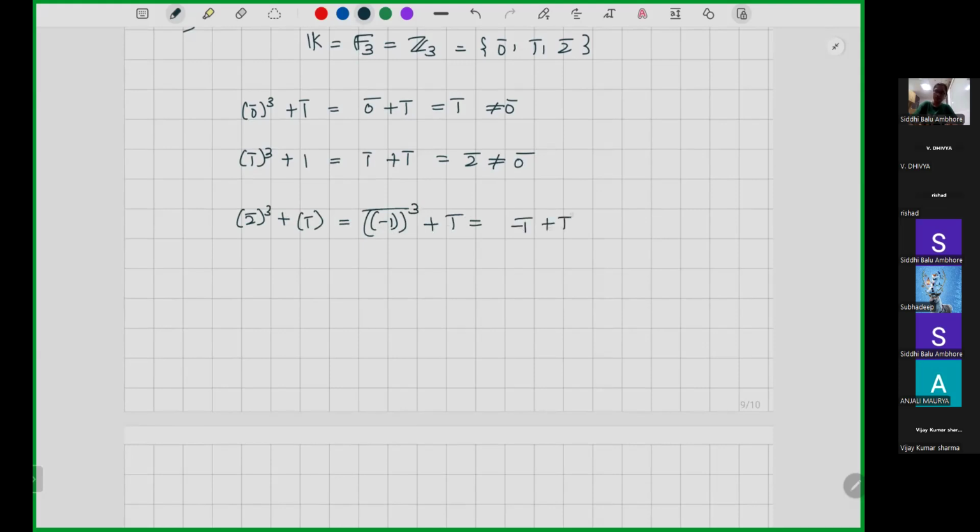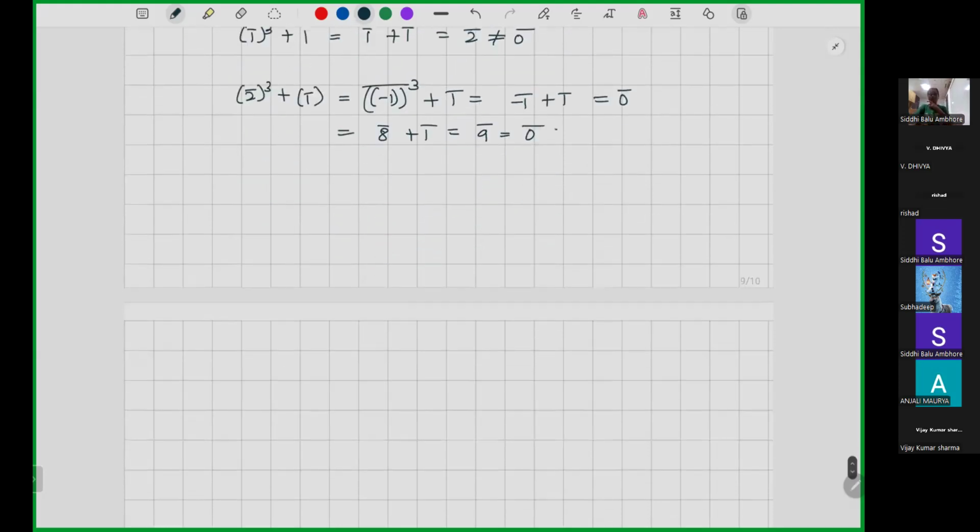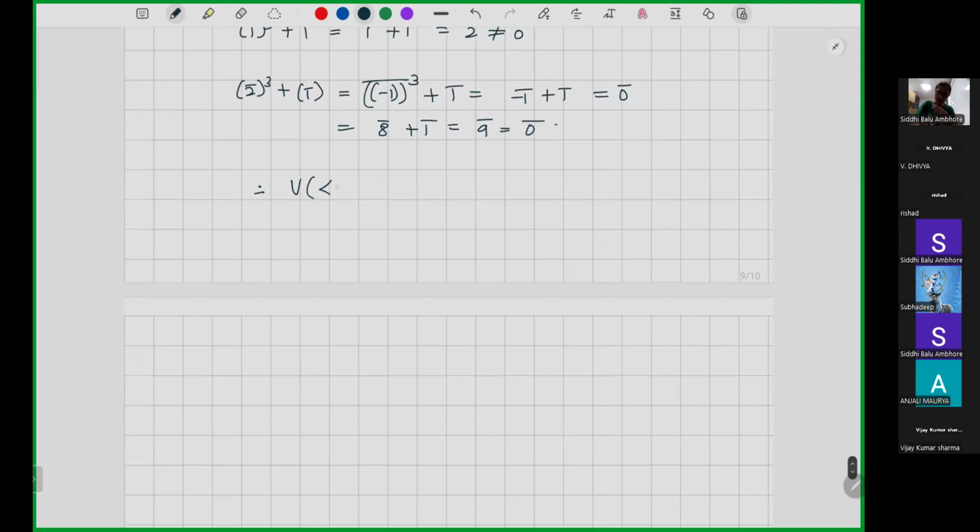Finally we get 8 bar plus 1 bar, which is 9 bar, which is 0 bar. So the variety of this ideal x cube plus 1 over F3, a field of characteristic 3, is just 2 bar, and therefore its cardinality is 1.